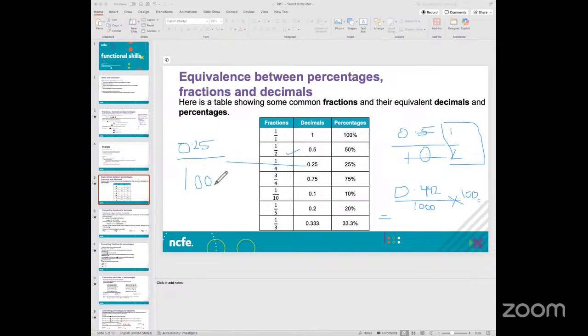Now I know this is further divisible, so 25 times 1 is 25 and 25 times 4 is 100. So this number would become the fraction 1 by 4, which is what is given here. So the same number can be used to depict fractions, decimals, or percentages, depending on how you are going to put this across in the context of your conversation.